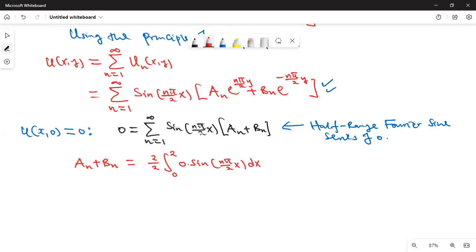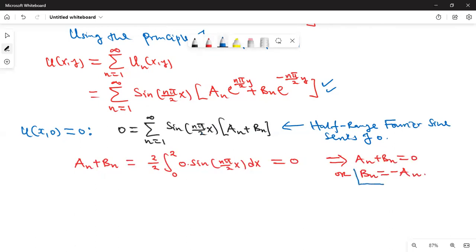When you integrate 0 and you have the limits of integration, the result should be equal to 0. So therefore, a n plus b n is 0, or we can get b n is equal to negative a subscript n. That's what we are getting.